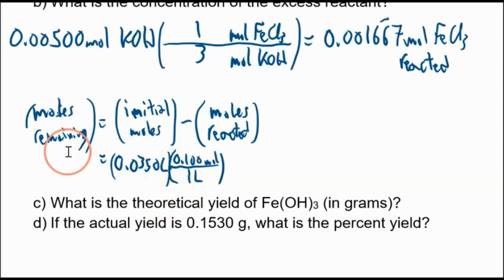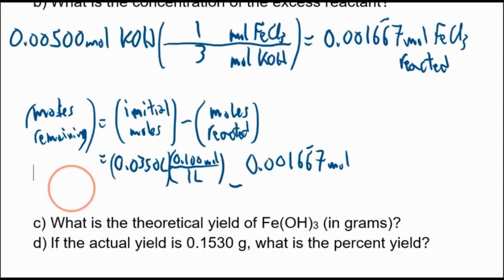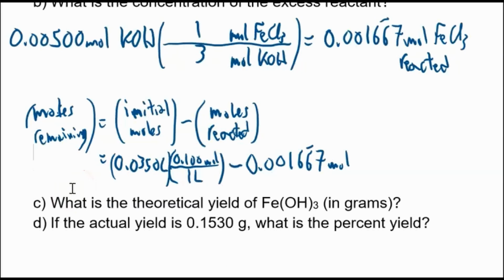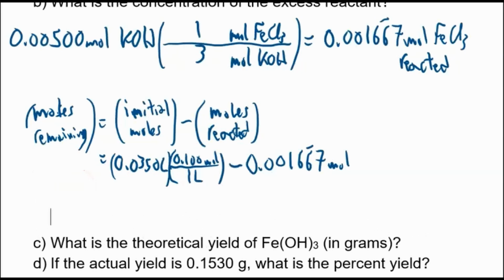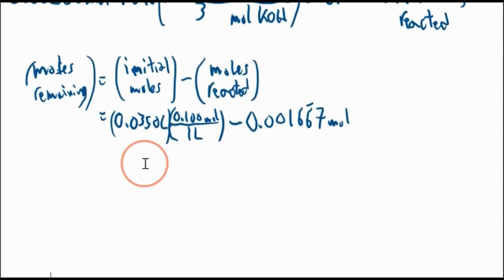I know this is all iron 3 chloride, so I'm not putting the compound here because I'm not changing between compounds. How many moles reacted? This amount reacted, 0.001667 moles.